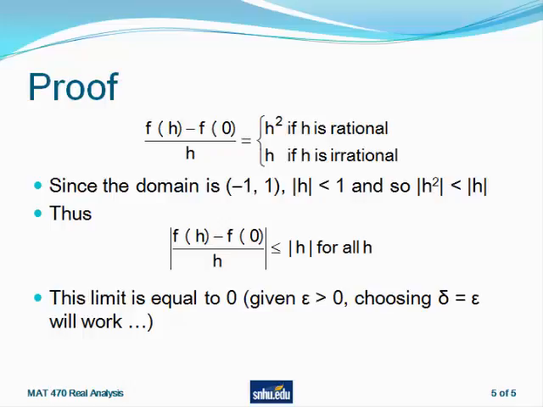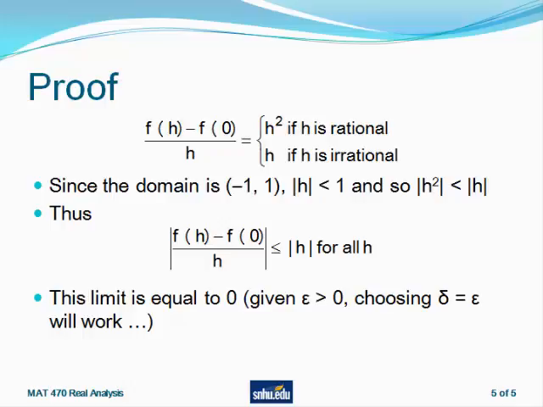Absolute value of f of h minus f of 0 over h is less than or equal to the absolute value of h. This bound is true for all h's, rational h's and irrational h's.